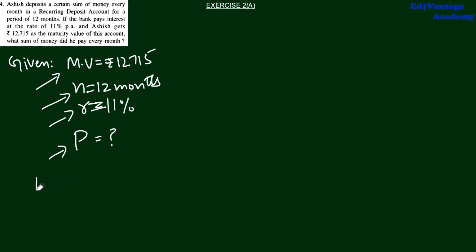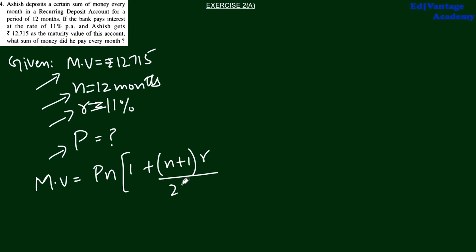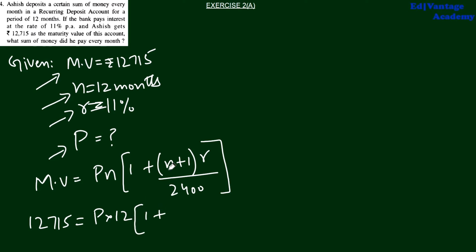So again, I'll write maturity value is equal to P into N, 1 plus (N plus 1) into R by 2400. That will come as P, which is unknown. So substituting the values at respective places, 12,715 is the maturity value, into N, which is 12, and 1 plus (N plus 1).